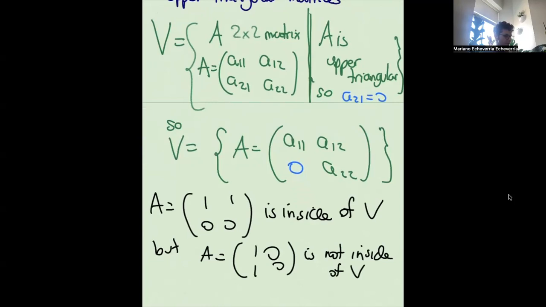right? In fact, we don't need to give names to these matrices. This is inside of B because the third entry is zero, but this one is not inside of B because the third entry is not zero.